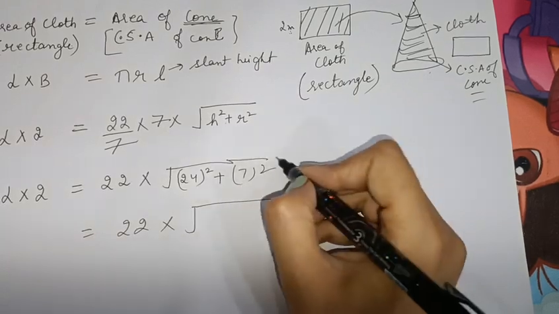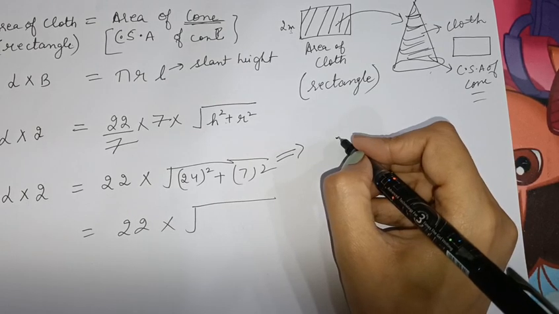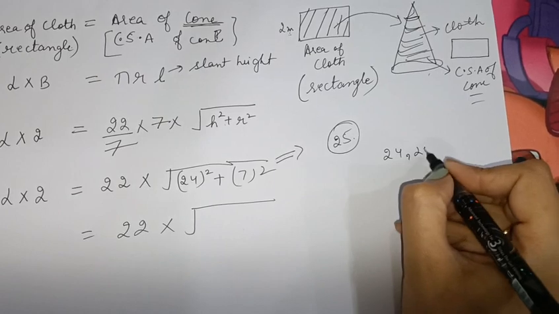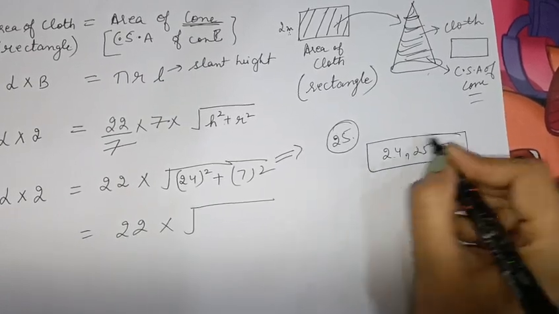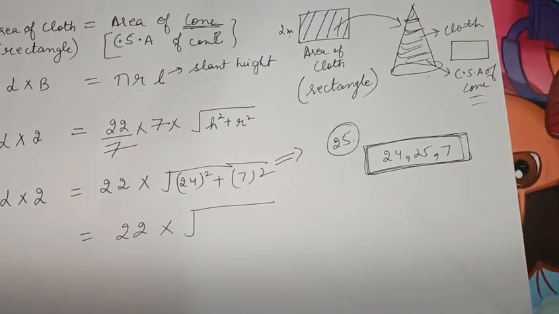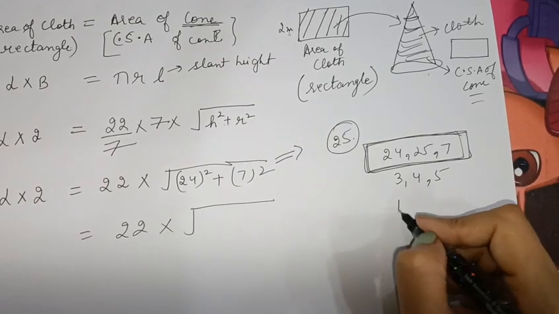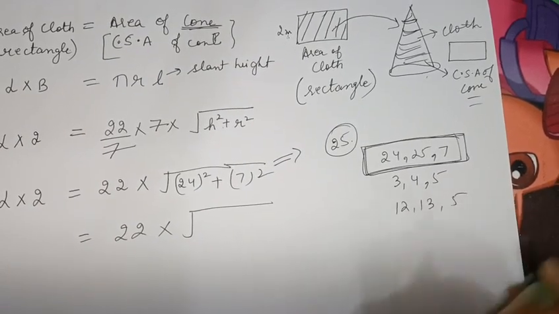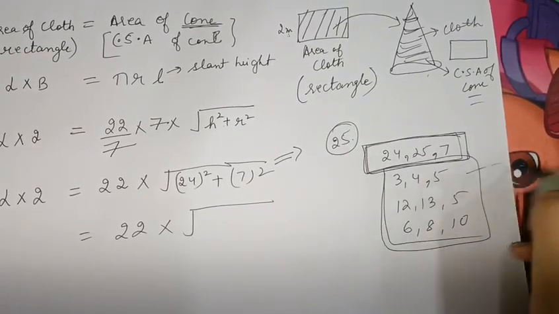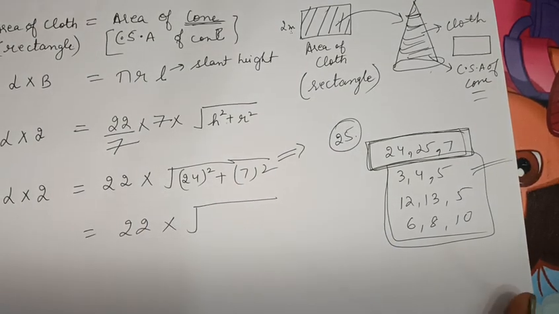If you remember, this answer you will get as 25, because you have to remember 24, 25 and 7, these are also Pythagorean triplets. Okay, so remember numbers like this. One such triplet is 3, 4, 5. One such is 5, 12, 13. One such is 6, 8, 10. So try to remember such triplets. If you remember, solving calculations like this will be very, very easy.